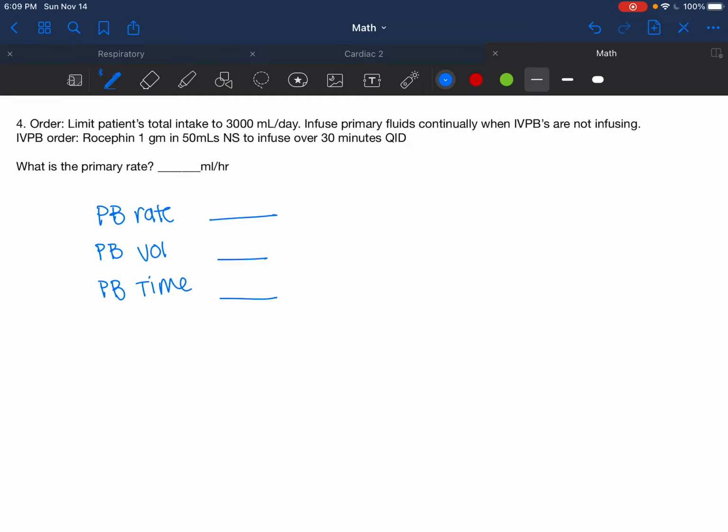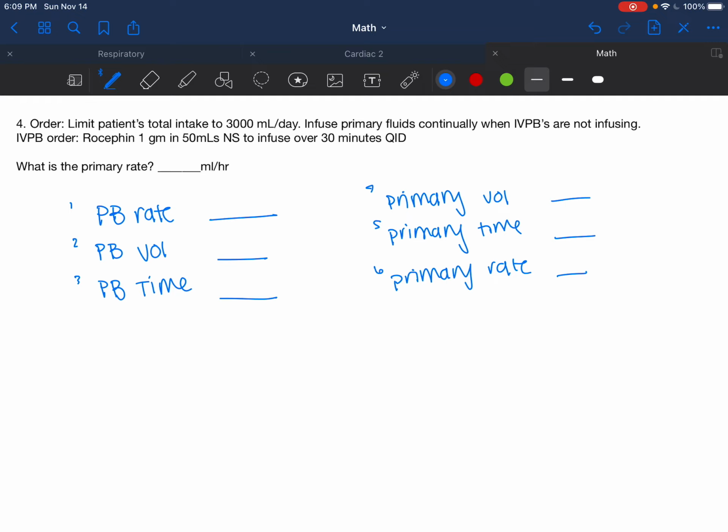Then we will come over here and do primary volume, primary time, and primary rate. So you always start out with your piggyback rate and you end with your primary rate. The way that we're going to figure these numbers out is going to be 1, 2, 3, 4, 5, 6. This just helps us get the steps in our head, where to start and how we're going to get what they're asking for.